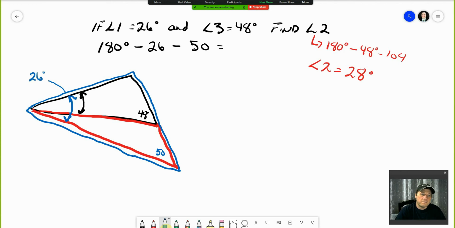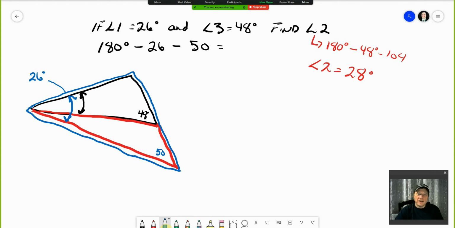Okay. So if we look at just the colors, I know that this angle is for the big triangle. And even though this is in the red triangle, this is in the small triangle, this is actually the corner of the big triangle, right?